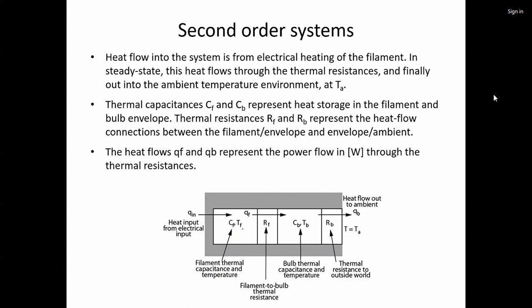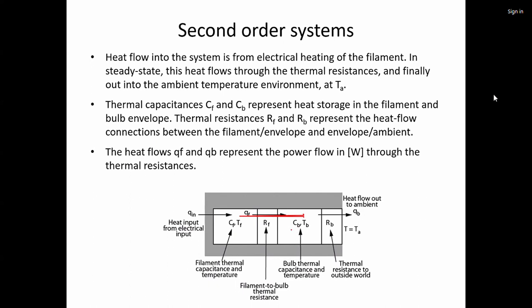And the filament has, as we said, temperature of TF and thermal capacitance of CF. The heat now flows from the hot filament to the relatively cooler bulb surface. That bulb has a temperature of TB and thermal capacitance of CV.